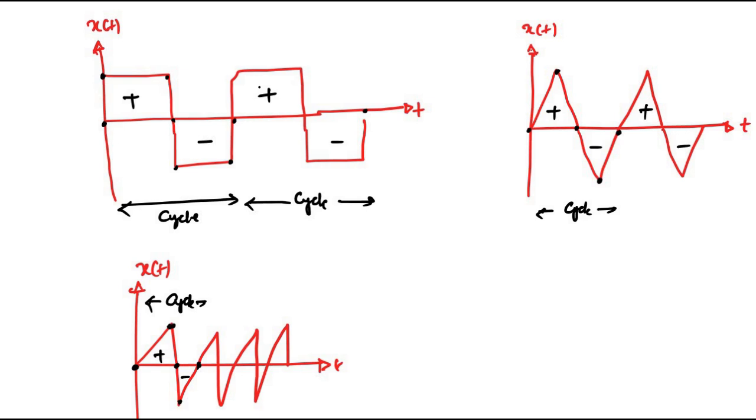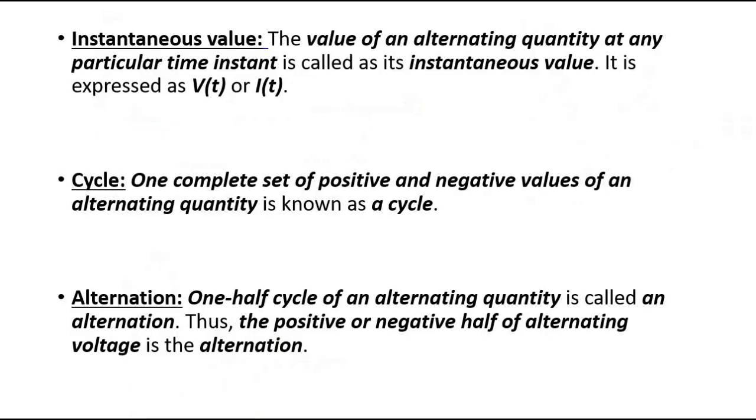These are the half cycles, the positive half cycles and the negative half cycles. Two half cycles, positive and negative, complete one cycle. Two alternations complete one full cycle.